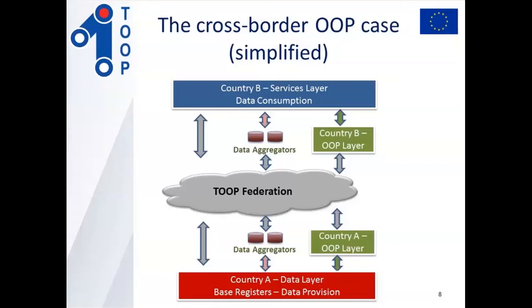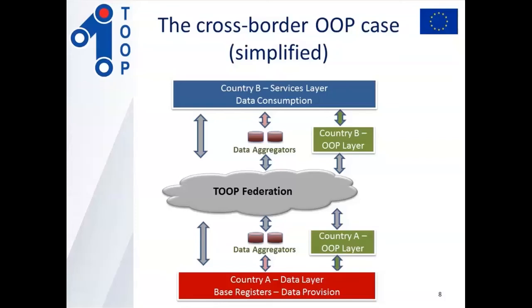Nationally, it's national infrastructure, but it's an abstraction layer that we can see as a once-only gateway into a country. In some other situations, we have data aggregators, and this can be either meta registers that have an abstraction layer above several base registers, or even manual or semi-automatic aggregations of data to provide a one-stop shop.